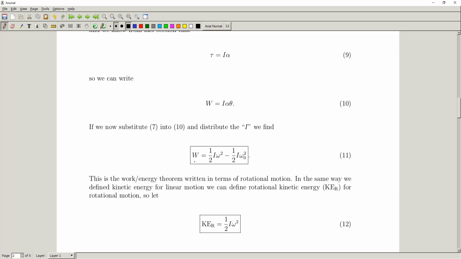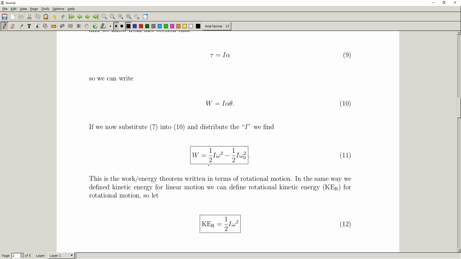And this should right away pop out at people. It looks very similar to the linear expression, as all of these do. This is our work energy theorem written in terms of our rotational variables, right? So this is just another way that the work energy theorem pops out in a rotational context, okay? And the same way that we did for the linear system, we pulled out this kinetic energy term. We can do the same here.